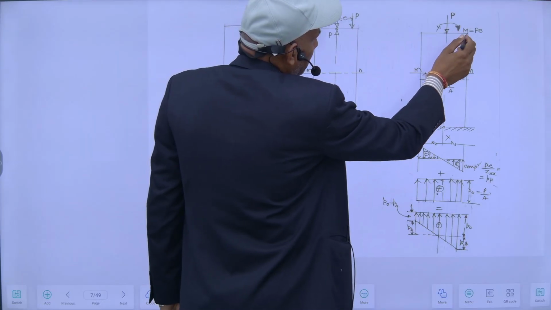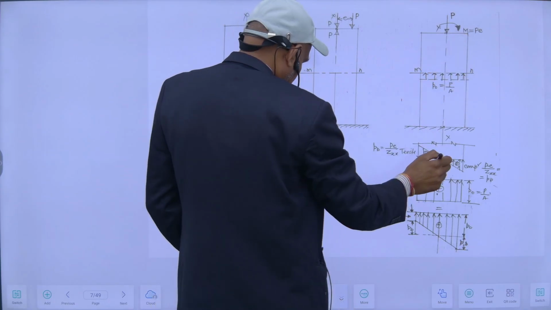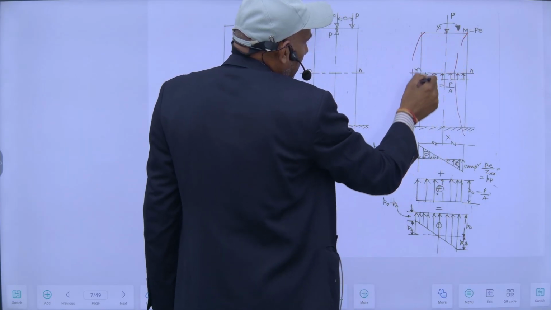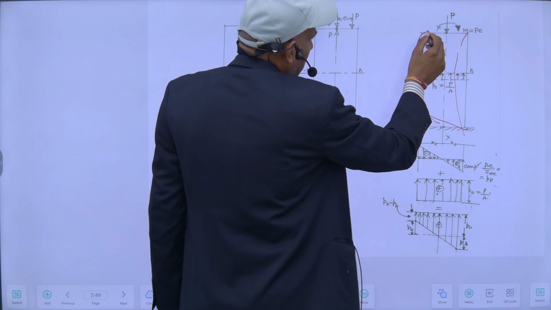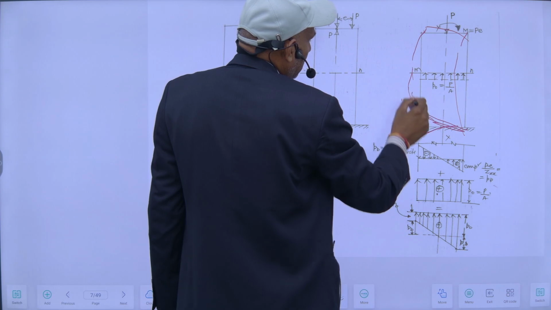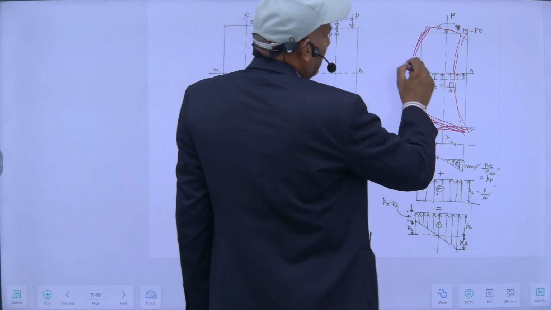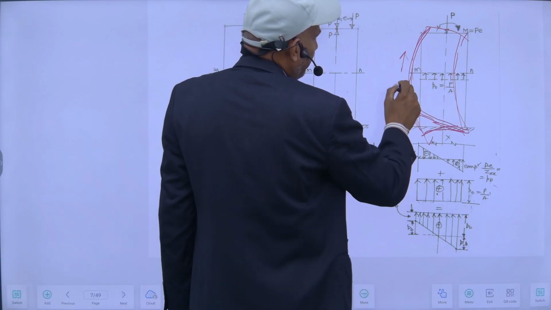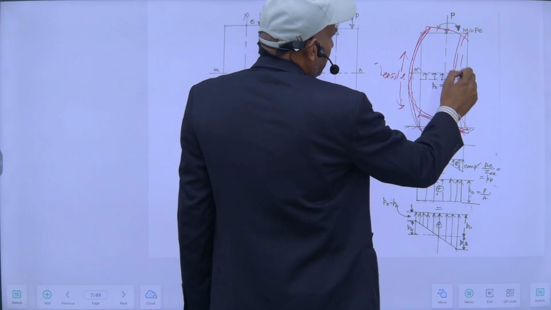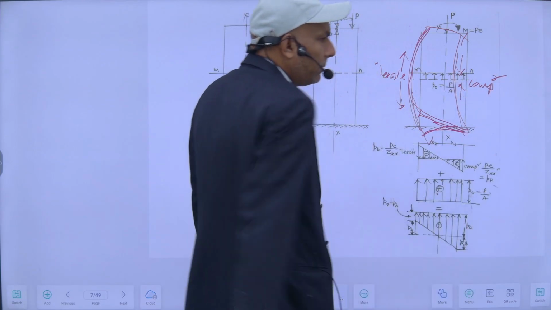Due to this moment, it will deflect like this. So there will be tensile stresses here, and on this face compressive stresses will be developed.